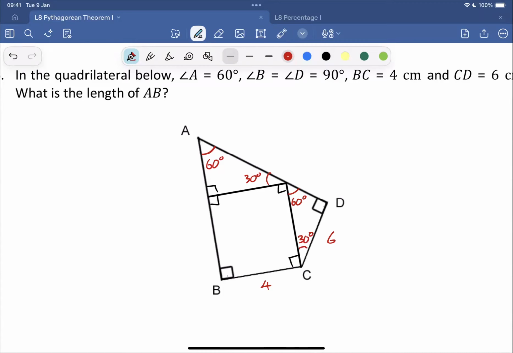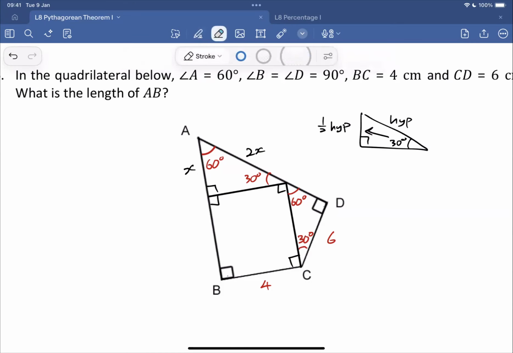So students, we're going to make use of the 30-degree rule. Remember the 30-degree rule. If you have 30 degrees in a right-angled triangle, then this is the hypotenuse. The opposite side is half of the hypotenuse, meaning if I call this side x, then the hypotenuse is 2 times x.